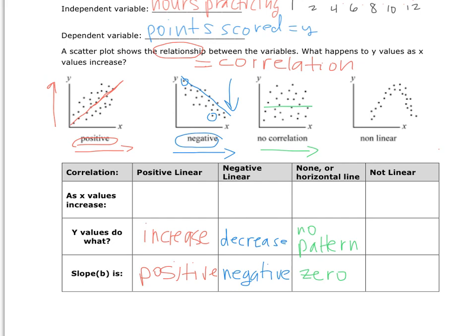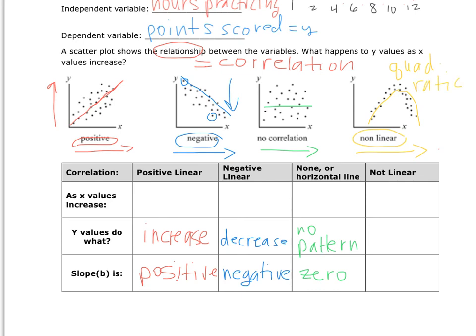All right, now we can have some other kind of correlation, something that's not linear. Again, as x is getting larger, y starts to increase, but then it makes a change and then starts decreasing. And if we put a line through that, that sort of looks quadratic. Well, we are only interested in linear correlation here.